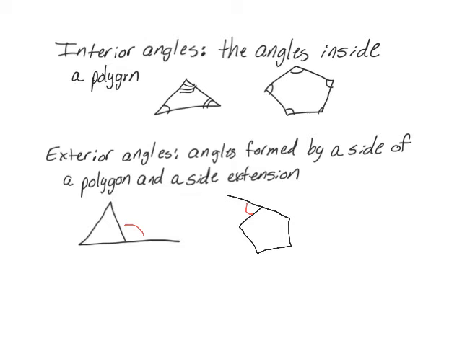Another thing to note: one interior and one exterior angle in a polygon form a linear pair.